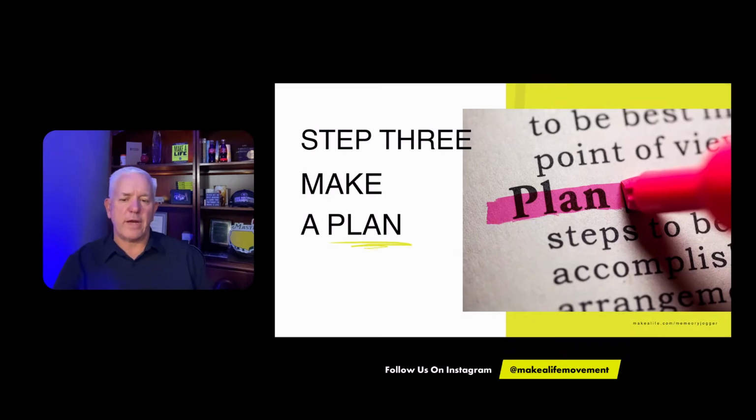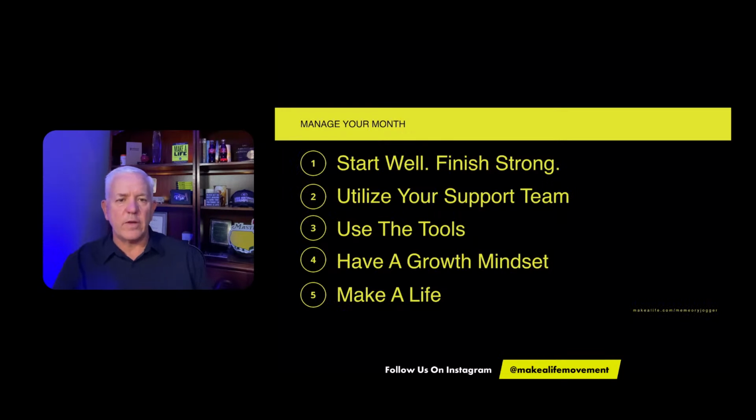Third part of this is you got to make a plan. And we've been doing this, but we haven't focused on this tool. We've been talking about managing your month. This memory jogger is going to bring the who, not just the what and how, into your month. These people are the big rocks. They're the seeds you're planting.